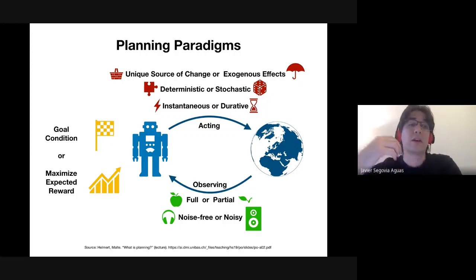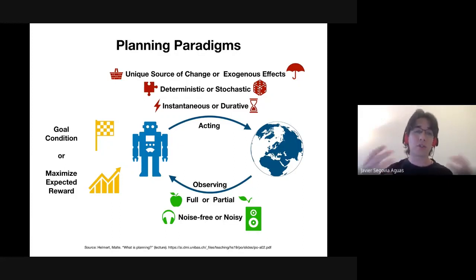And also, the last thing to consider is, do we have a goal-oriented agent? Does the agent have a specific goal? Or does the agent maybe just want to maximize an expected reward? Imagine that states bring some reward, like, okay, you perfectly grasp something.